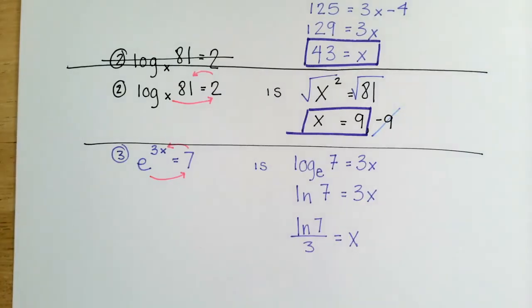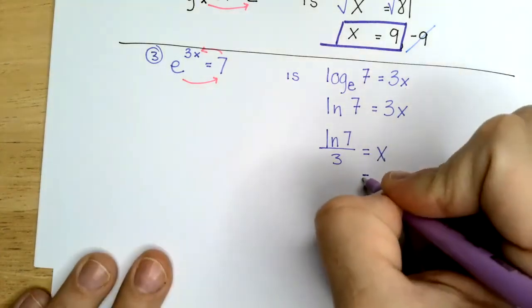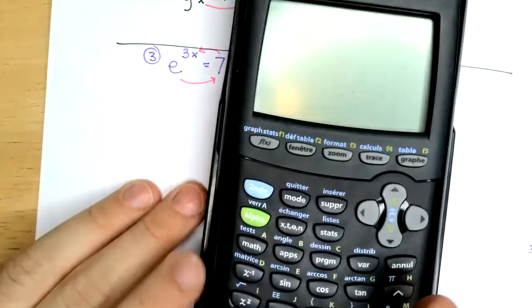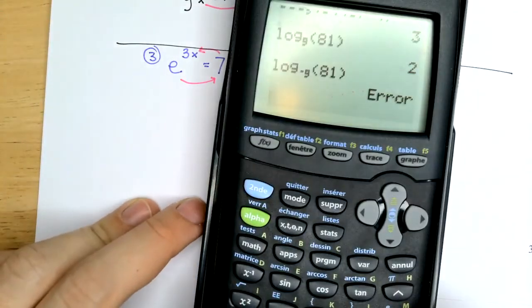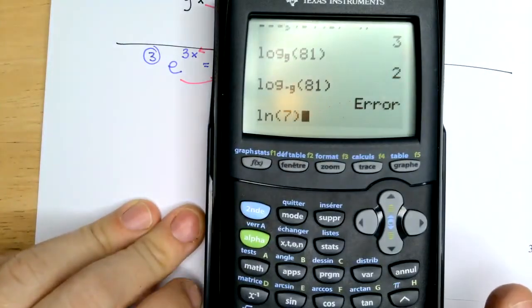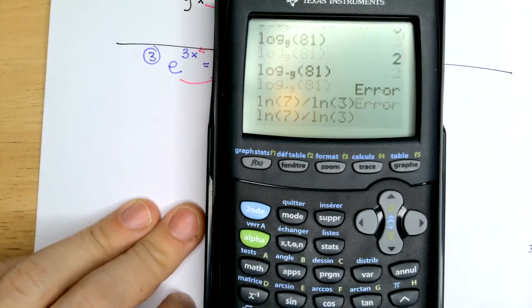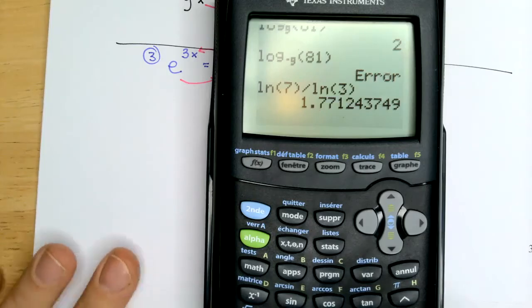I can leave it like that if they want the exact answer, or I can put it in the calculator. Natural log of 7 divided by 3. Sorry, it was not natural log of 3, it's just regular 3.